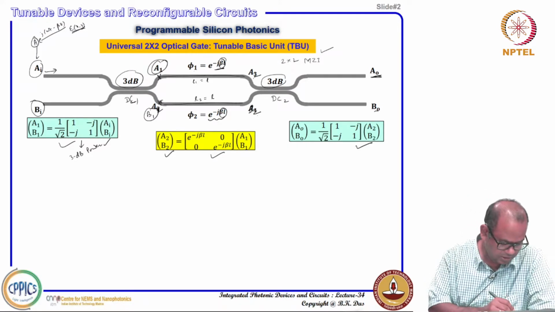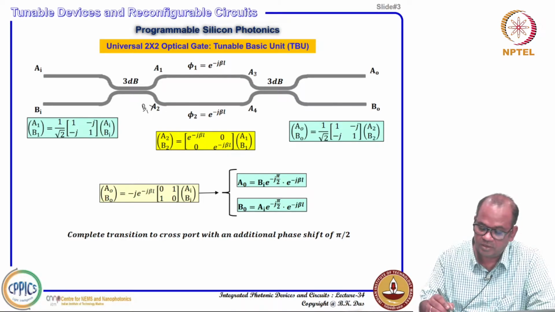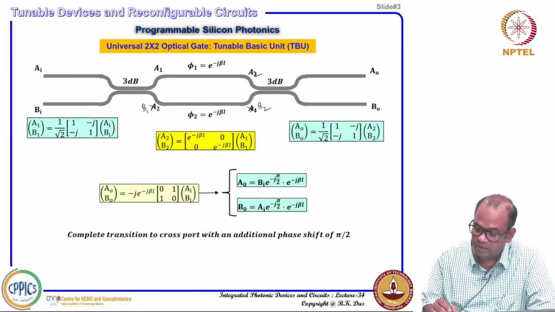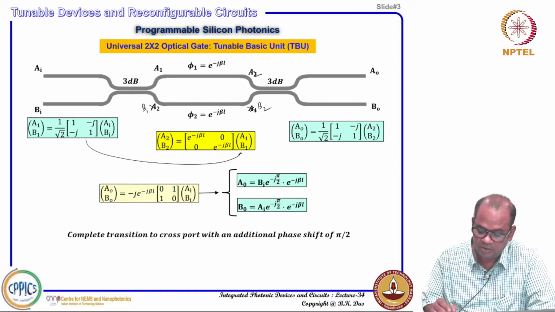So, using all these expressions, let us consider A 1 B 1 like this, and this is A 2 and B 2. Then what we can get using this, for example, A 1 B 1 can be written from here. This is one matrix you can write here, and then whenever you are getting A 1 B 1, A I B I, and A 2 B 2 you can just write like this.